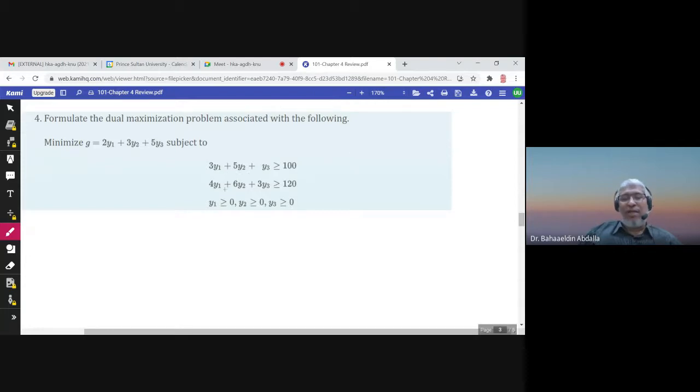To write the matrix, I write the coefficients of y1, 3, 4, and the coefficient of y1 in the objective function 2, and coefficients of y2, 5, 6, and in the objective function 3, and the coefficients of y3, 1, 3, and in the objective function it's 5.